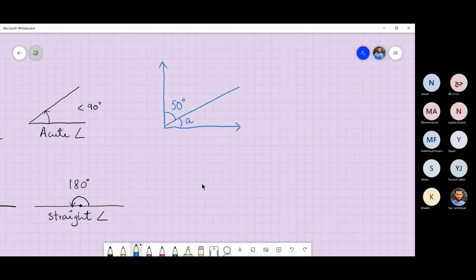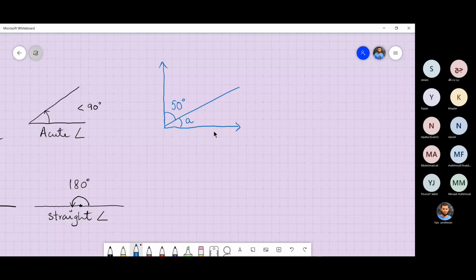And this 90 degree contains how many angles now? 2 angles. So the sum of this angle and this angle should be equal to 90, correct? Yes. So the equation we will write is a plus 50 equals 90. This is the property, the equation that we will use to find the angle.